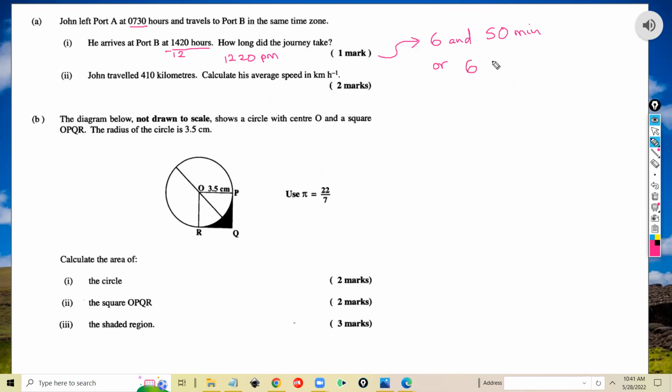It will be 6 and 5/6 hours. Because if you take the 50 minutes and divide it by 60, you get 5/6, right? Now 5/6 is a reoccurring decimal. So I don't advise that you put the reoccurring decimal. Leave it as a fraction, right? And of course, you can always use your fractions button on your calculator to do all the calculations afterwards.